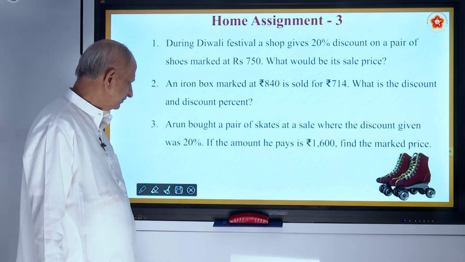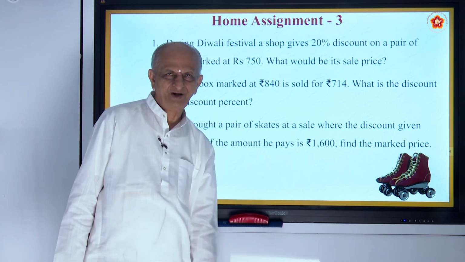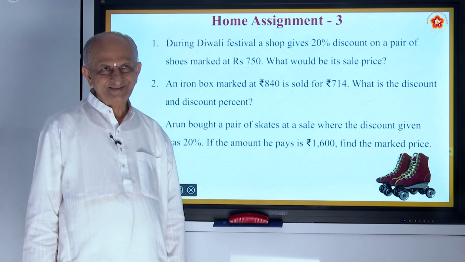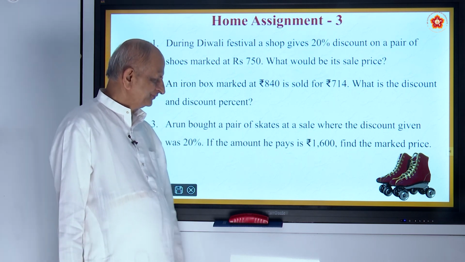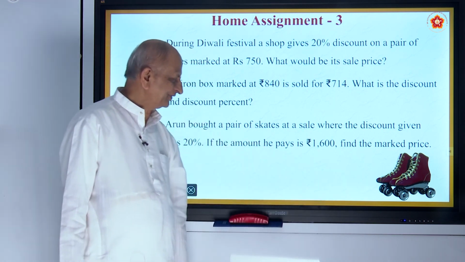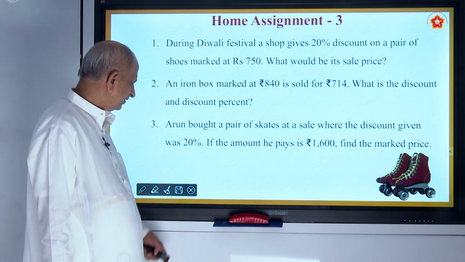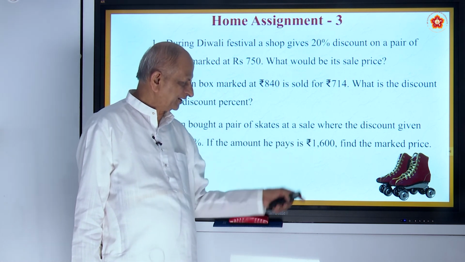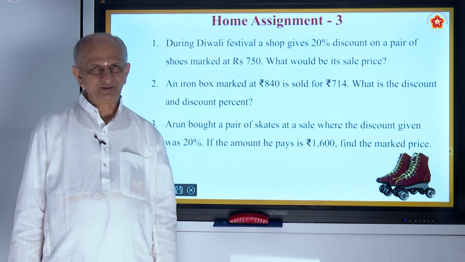Third question, Arun bought a pair of skates. How many have seen skates being played with? How many are using them in the house? So this is what is called skates. Very interesting one. At a sale where the discount given was 20%, the amount he pays is rupees 1600. Find the market price. Will you work it out?